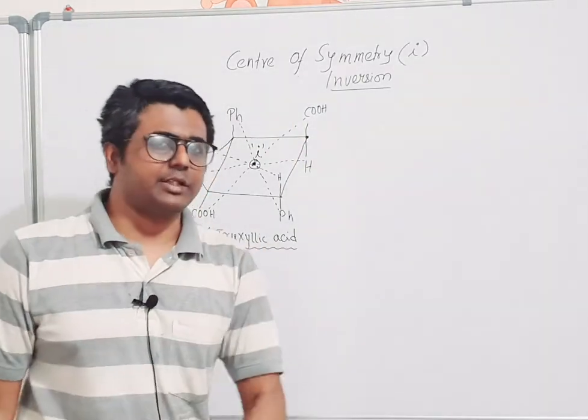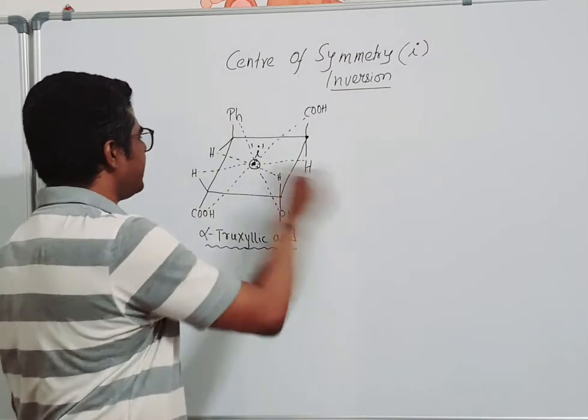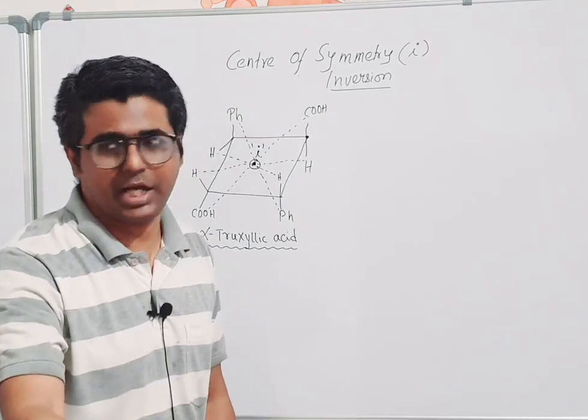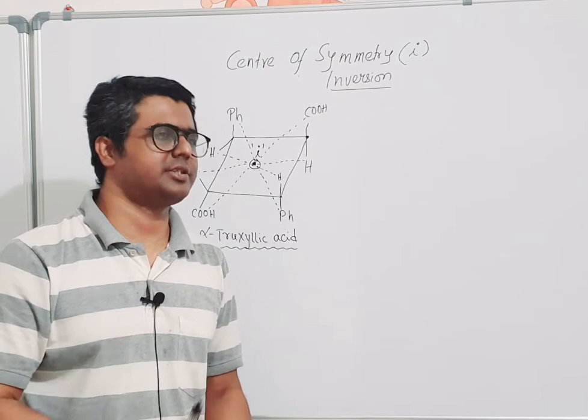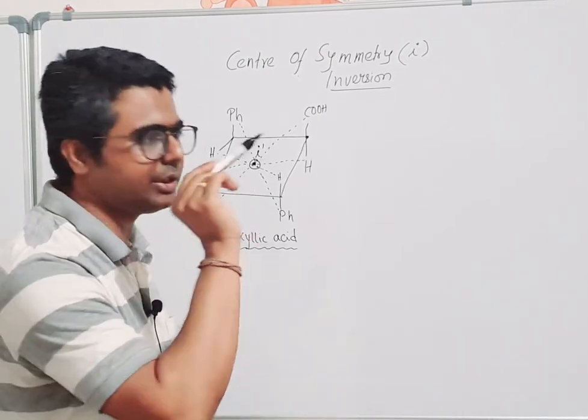What does it mean? It means if any one of the lines, if I draw this one, doesn't follow this criteria, then our center of symmetry is wrong. That point is not a center of symmetry.